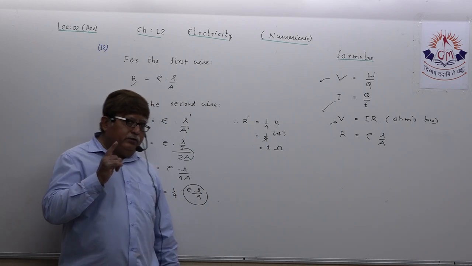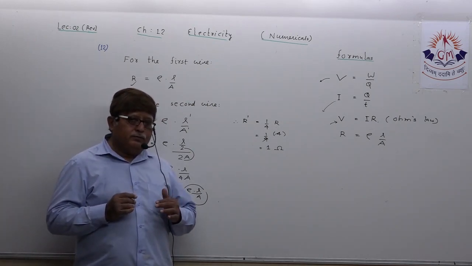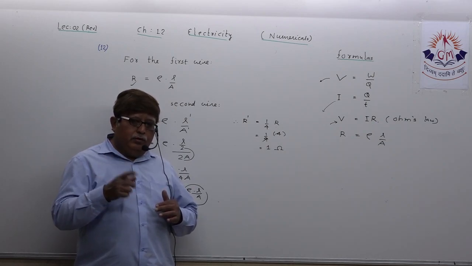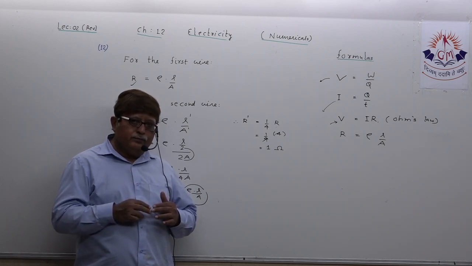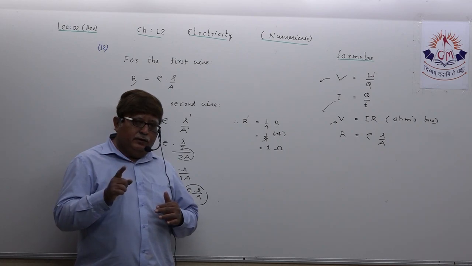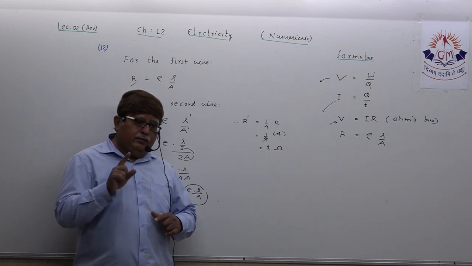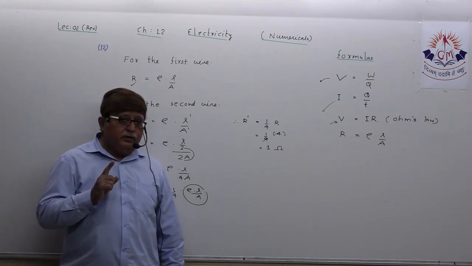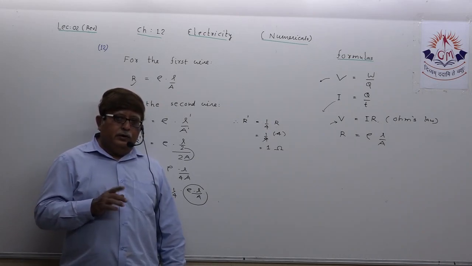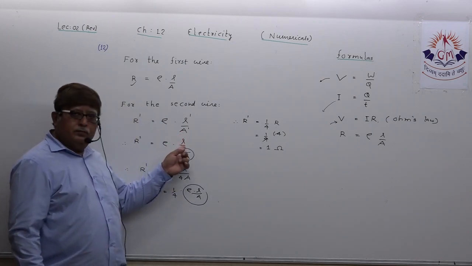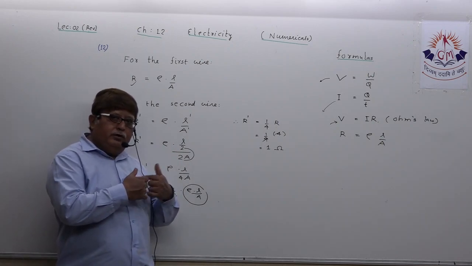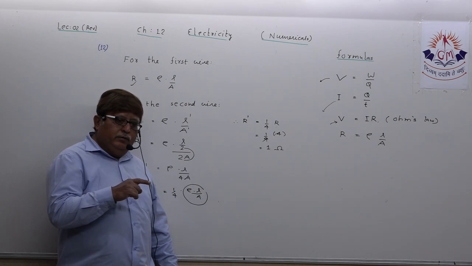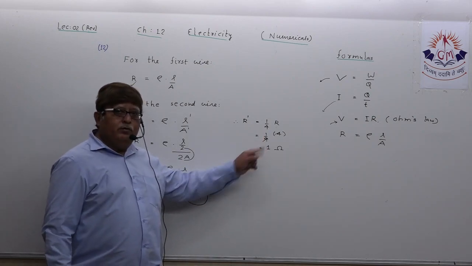A. Now please note down in your book: if the length of the wire is halved and the area of cross section is doubled, then its resistance becomes dash than the original resistance, 1 upon 4 time.